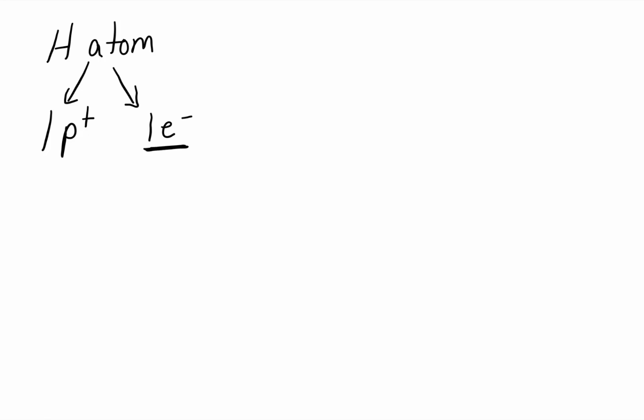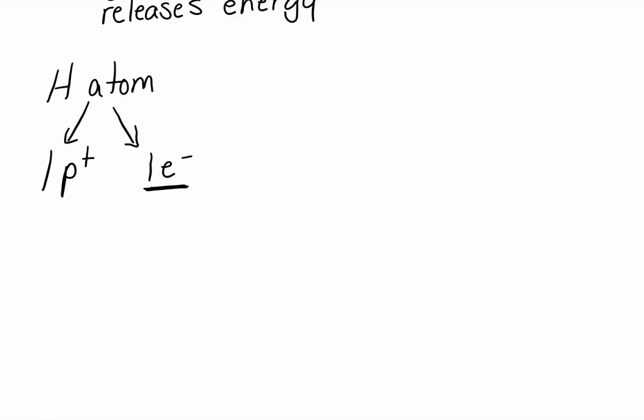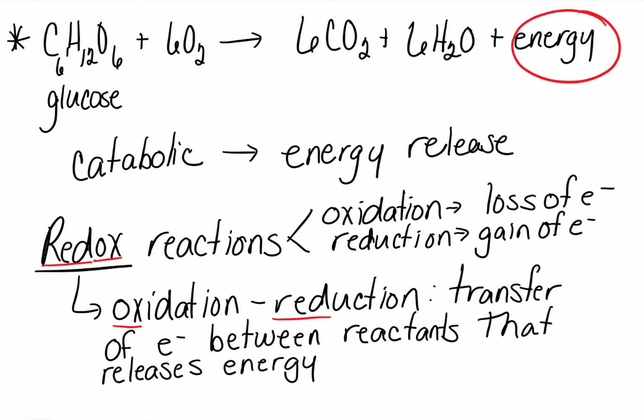Okay? Now, if we go back and look at the original summary equation for cellular respiration, I'm going to try to highlight these in different colors. Okay. Glucose is being oxidized to CO2. Okay. We have the movement or the transfer of hydrogen atoms from glucose to oxygen.